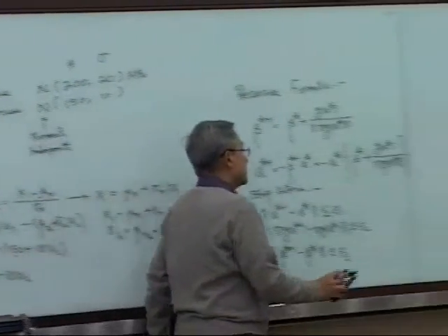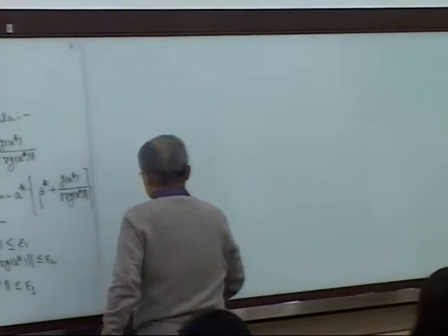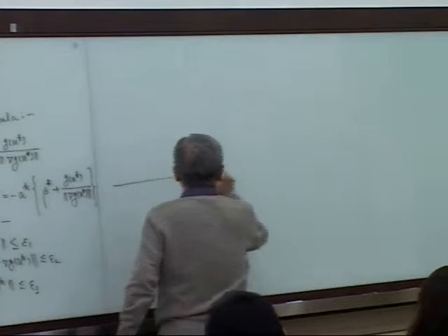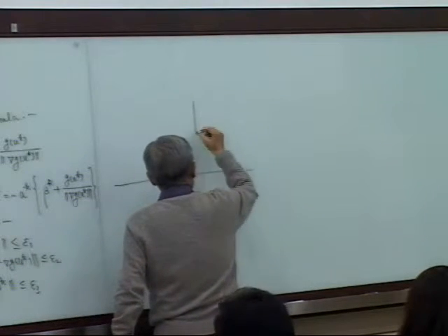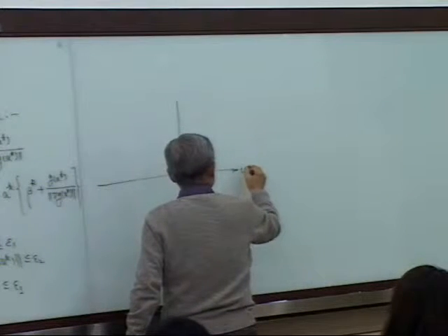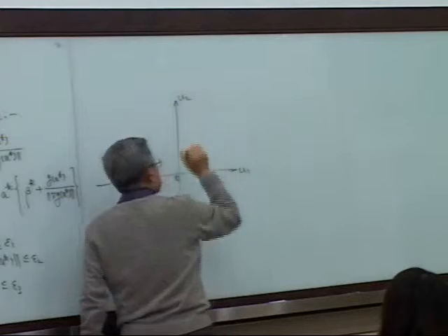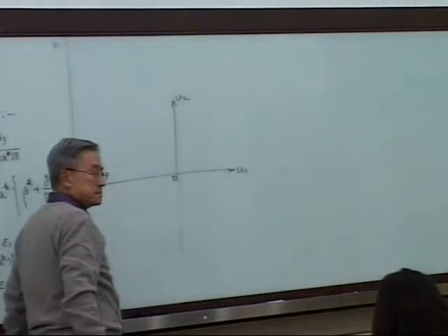Then I can draw it. This is 0, this is u1, this is u2.